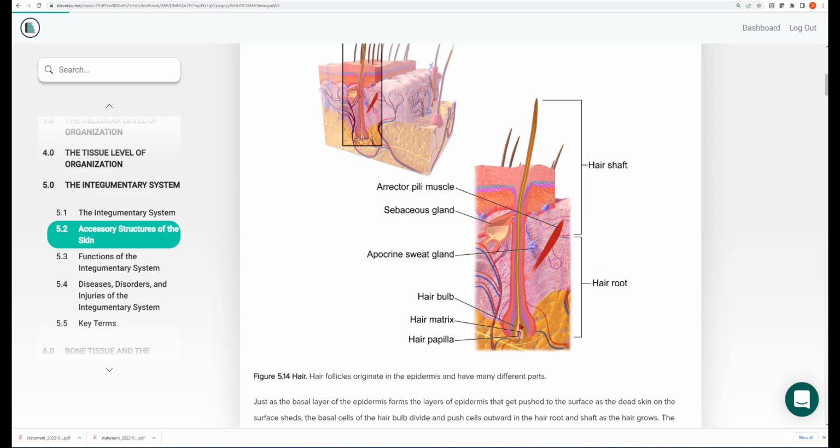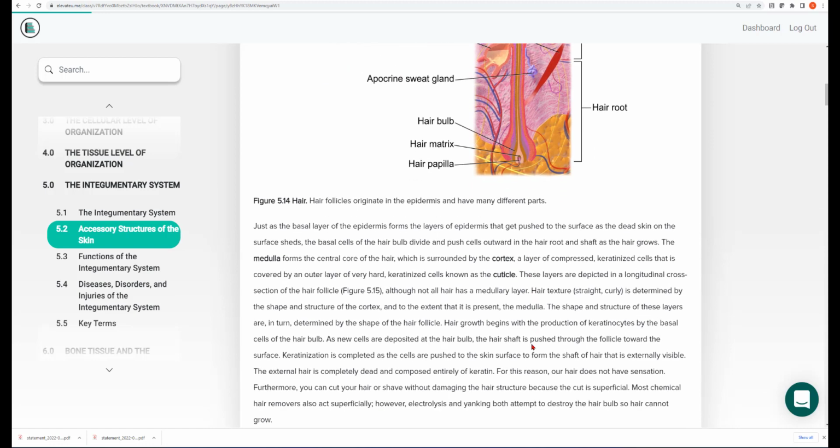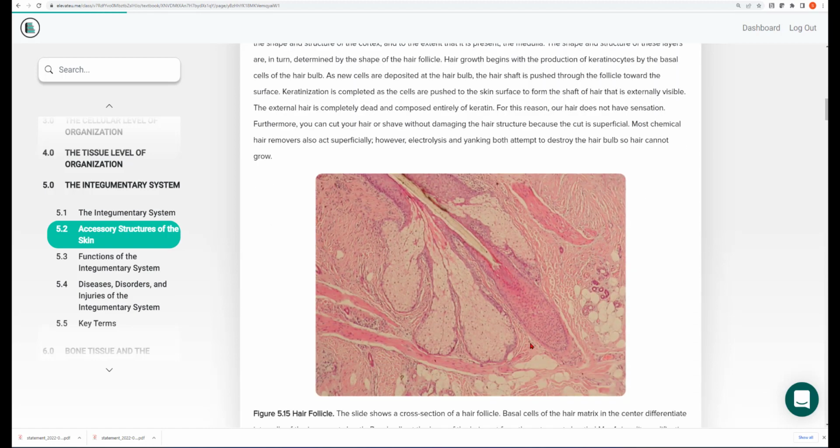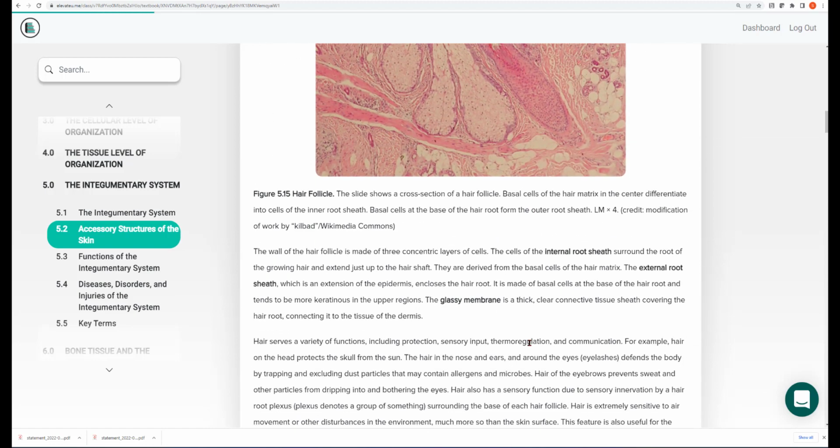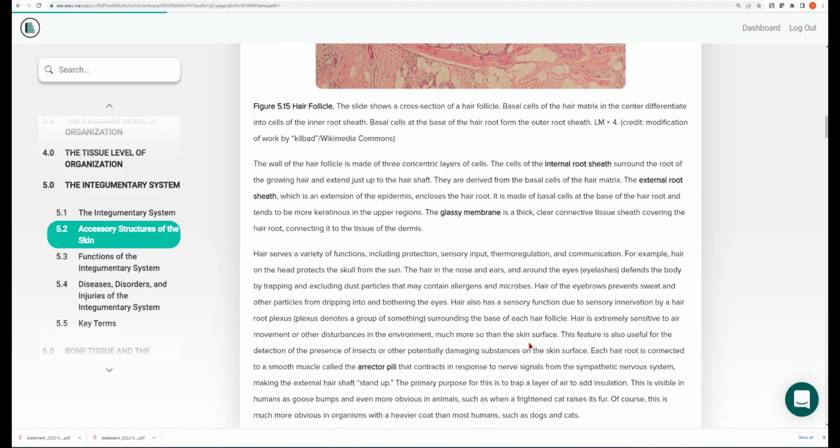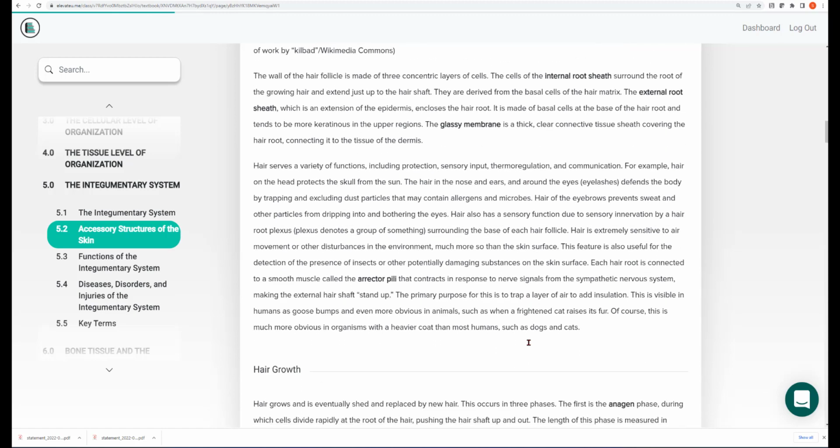So you could have hair that has very little color, blonde, or brownish hair, or black hair, or red hair. All of those differences are from the melanocytes and the type of melanin found in the melanocytes of your hair. So again, all these details through here I'm not worried about.